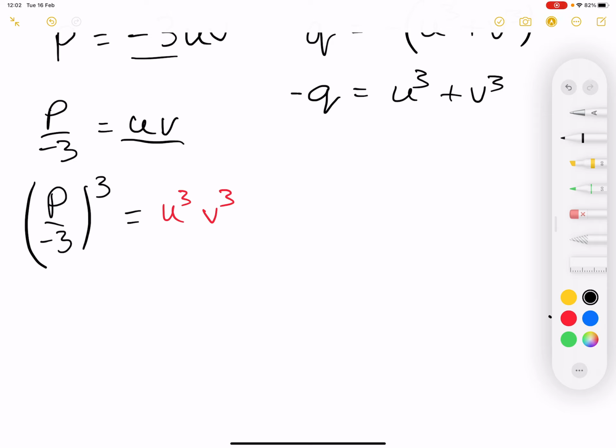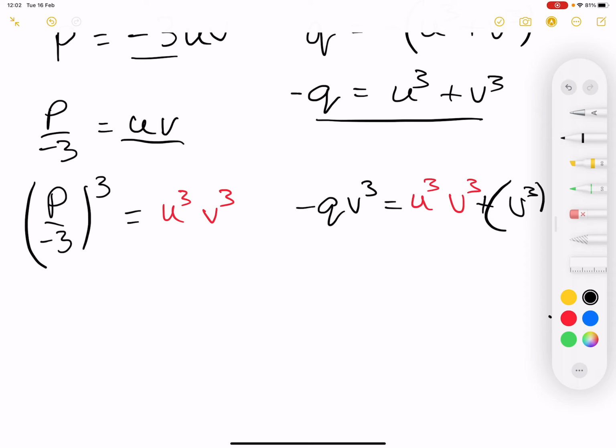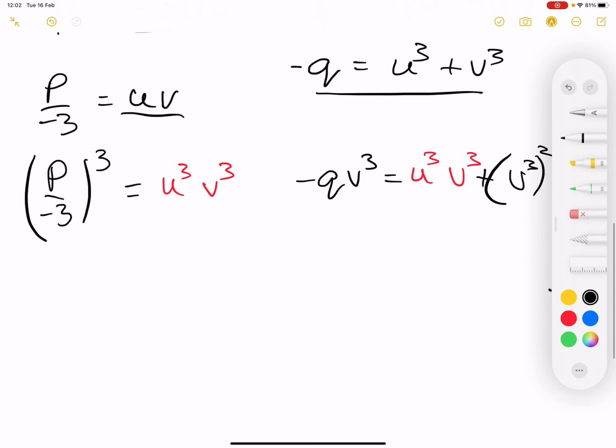And then we multiply this entire equation by v cubed, and we'll get negative q v cubed is equal to u cubed v cubed, see why I wrote it in red, plus v cubed squared.